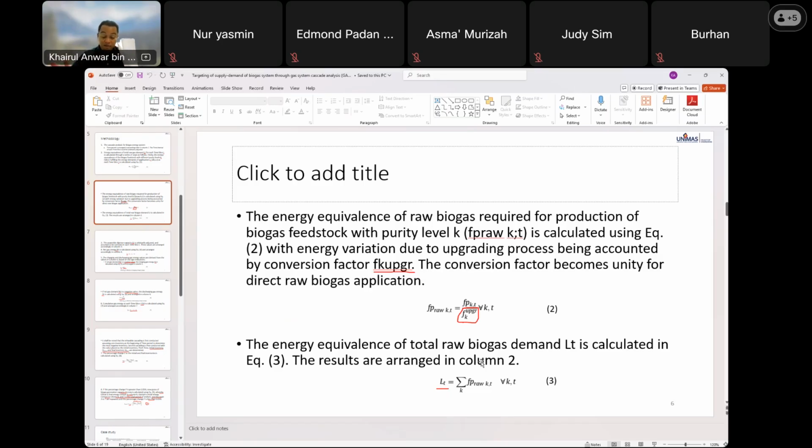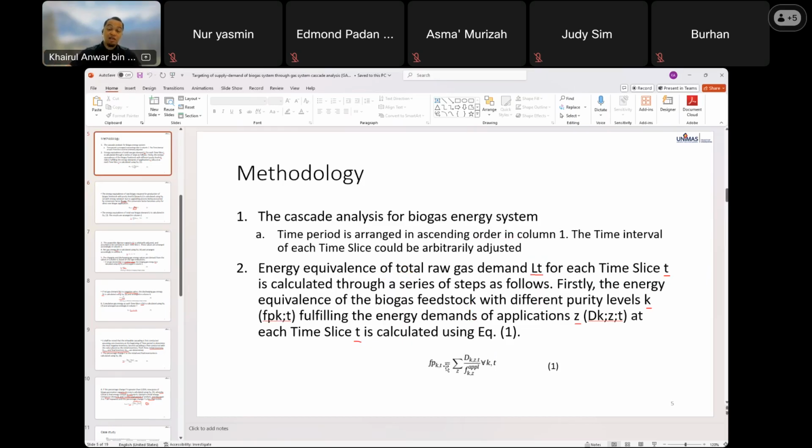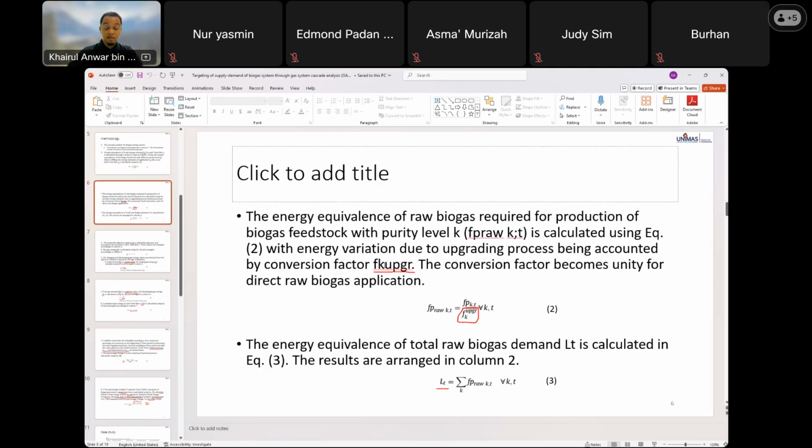Once you have the demand table, you need to prepare a derivation of energy equivalent of raw biogas demand for each application, which is what we are currently doing now. We have FPKT. What else we have? Next is the FAPPN. This is the loss factor. This is the demand. And FK update.